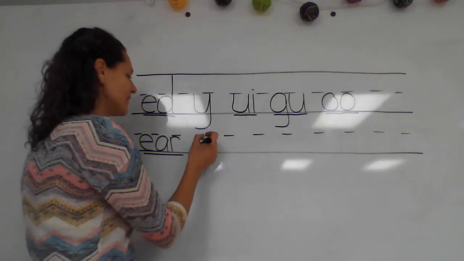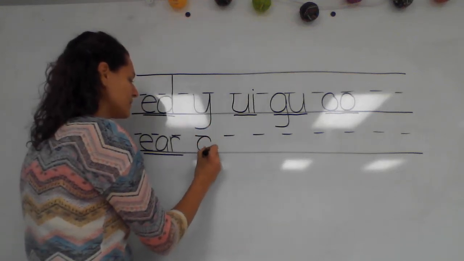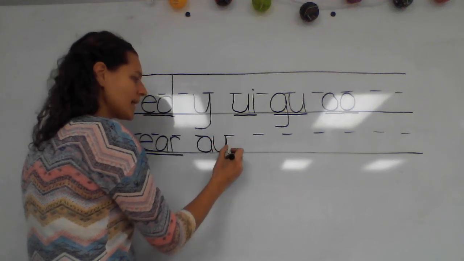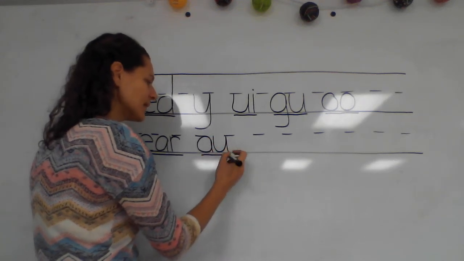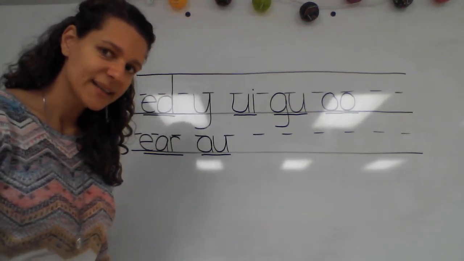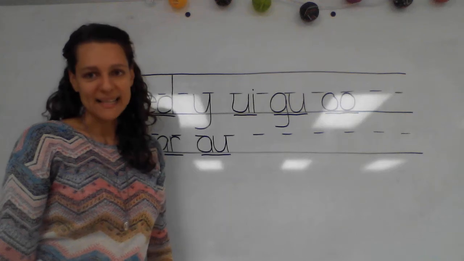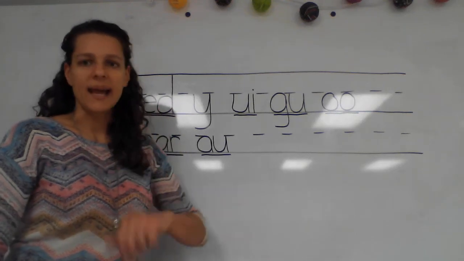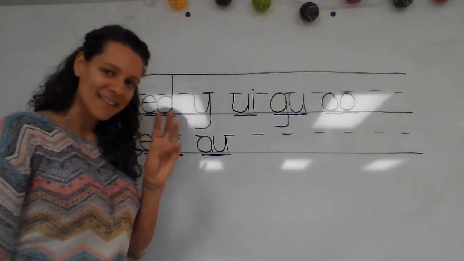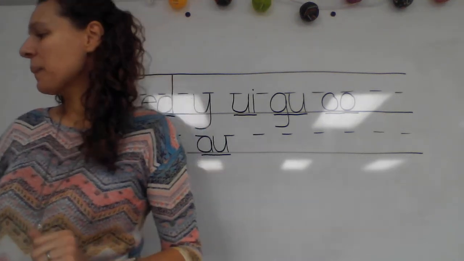This is our aw that we do not use at the end of English words. Class, why don't we use this aw at the end of English words? Exactly. English words do not end with you. All right. So if you didn't have that, write it 3 times.